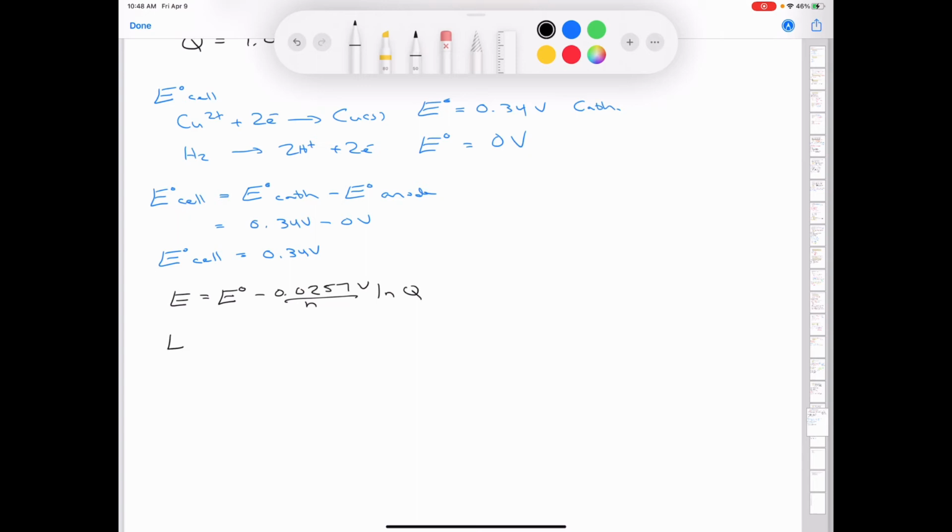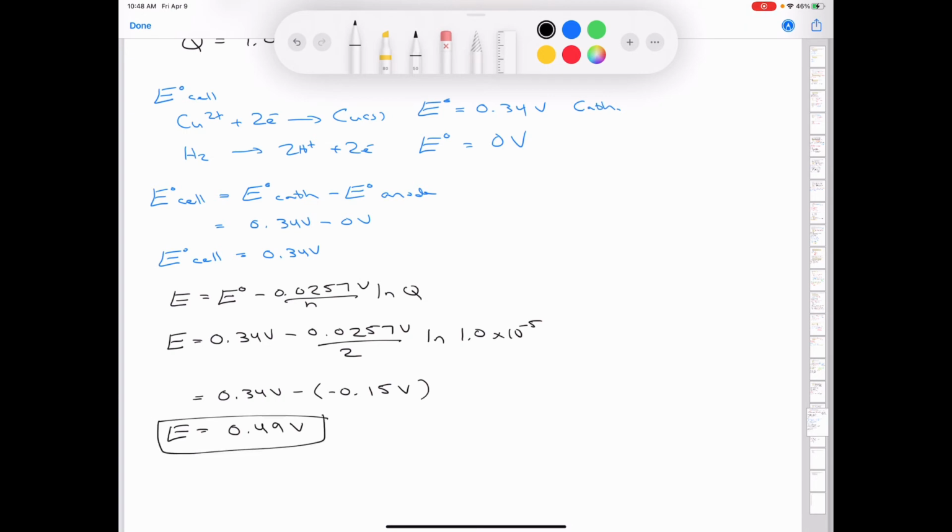So we can say that E is equal to 0.34 volts subtract 0.0257 volts divided by 2 multiplied by the ln of 1.0 times 10 to the negative 5. When I punch that into my calculator, I get 0.34 volts subtract negative 0.15 volts, and I get that my cell potential is 0.49 volts, which is B.